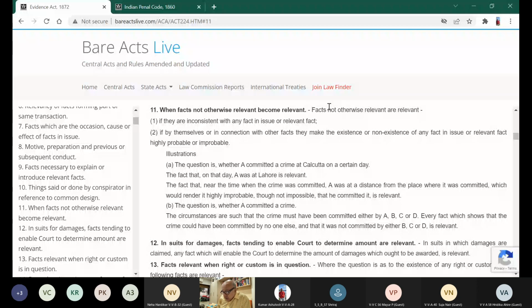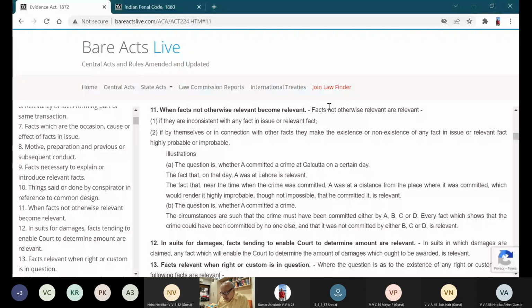The fact that other persons who were poisoned by that poison exhibited certain symptoms, which experts affirm or deny to be symptoms of the poison, is relevant. So the poison which was administered to A being similar to the poison administered earlier to other persons is also relevant here.